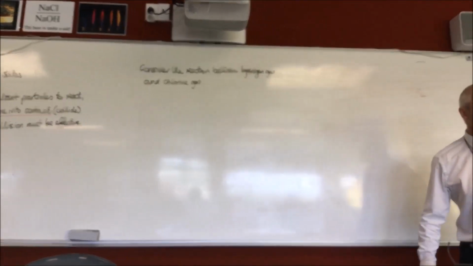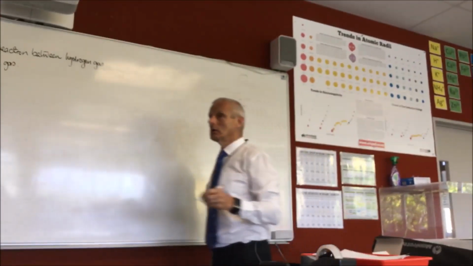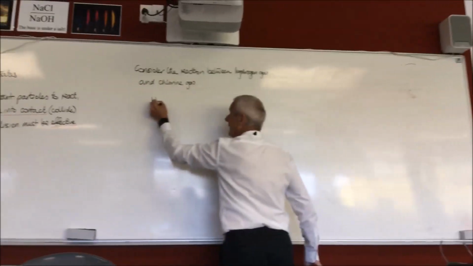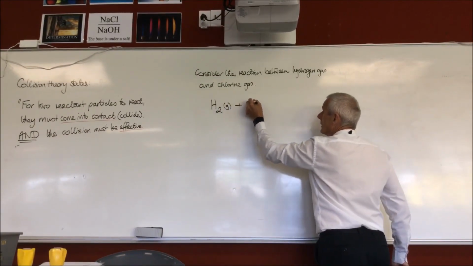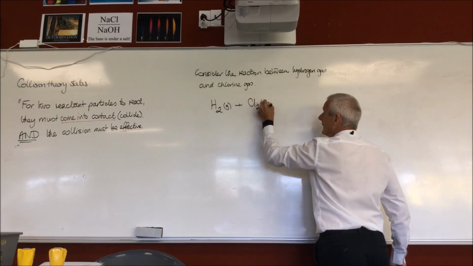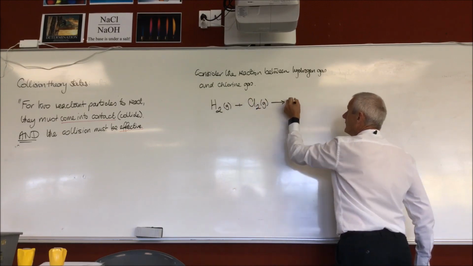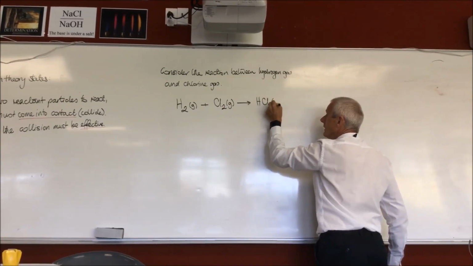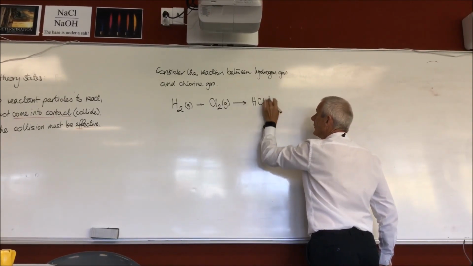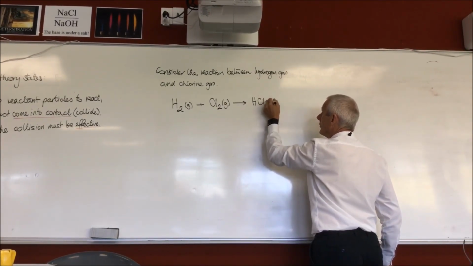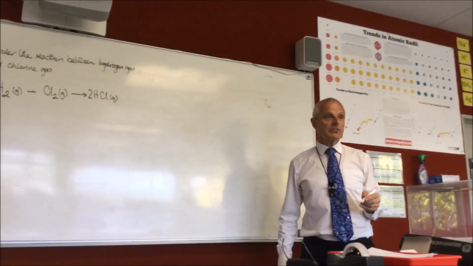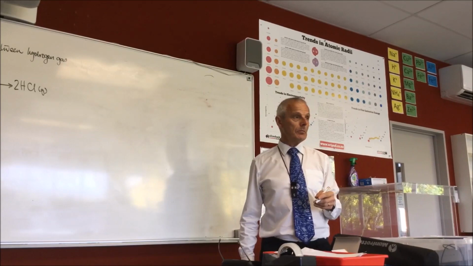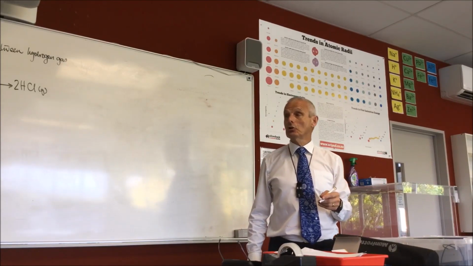So we're going to look at a very simple reaction, the reaction between hydrogen gas, which is H2, and Cl2, chlorine gas. Okay, and that forms HCl, which is in fact a gas. So hydrochloric acid in its pure form is a gas, hydrogen chloride.